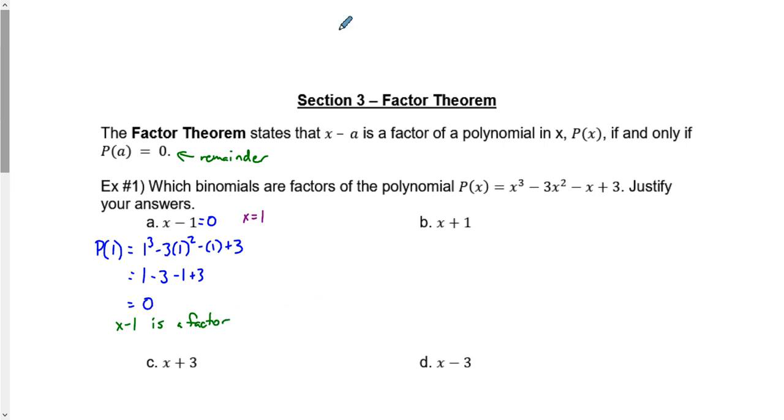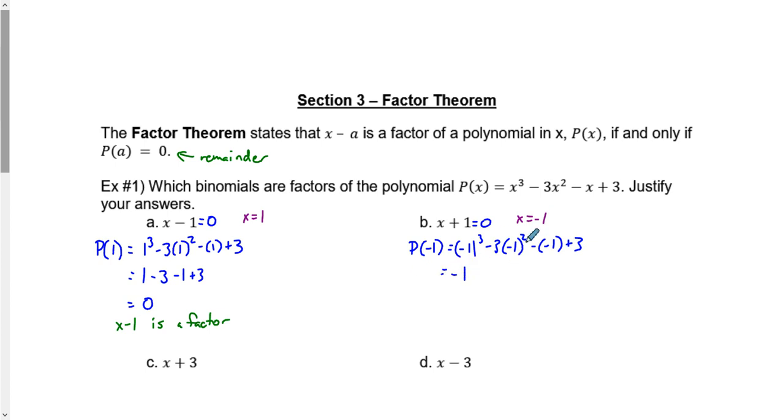Let's do it again. Let's do it for x plus 1. Well, where does x plus 1 equal 0? Well, that's at x equals negative 1. So if we were to plug negative 1 into this polynomial, does our remainder come out as 0? So negative 1 cubed, subtracting 3 multiplied by negative 1 squared, subtracting negative 1, adding 3.